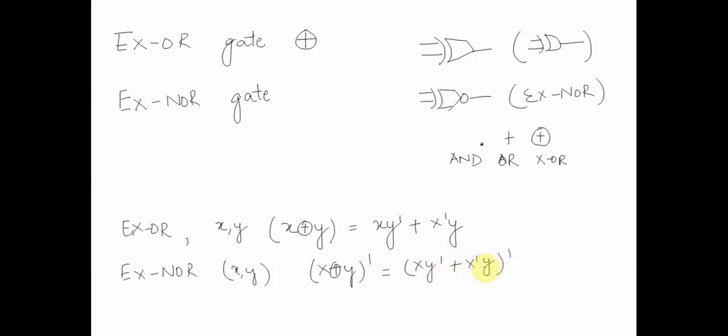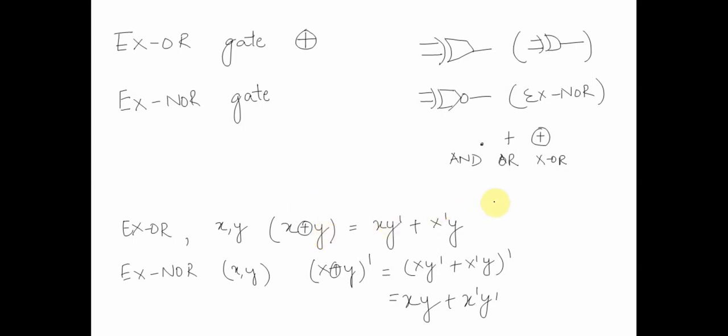If we open it and simplify this expression, this would come out to be xy plus x bar y bar. So this is something which we should remember: the XOR function is x y bar plus x bar y, and similarly XNOR is xy plus x bar y bar.